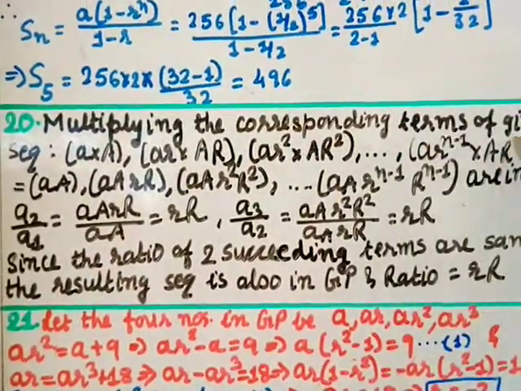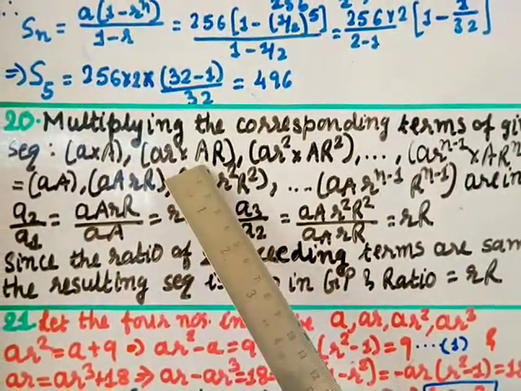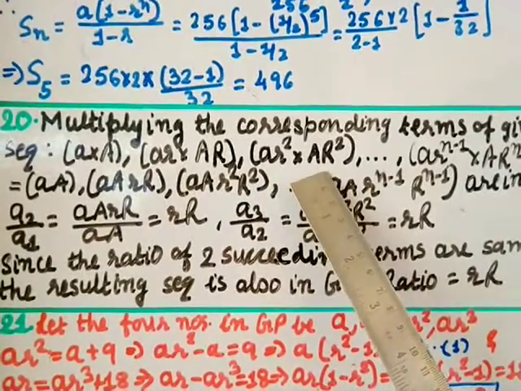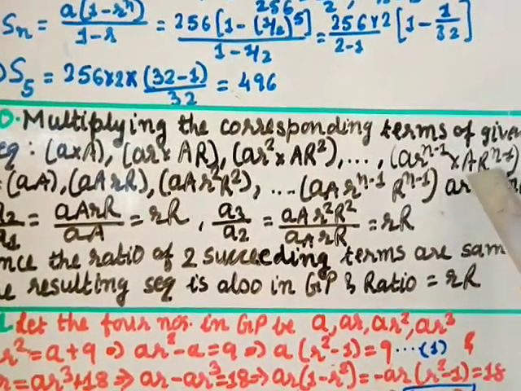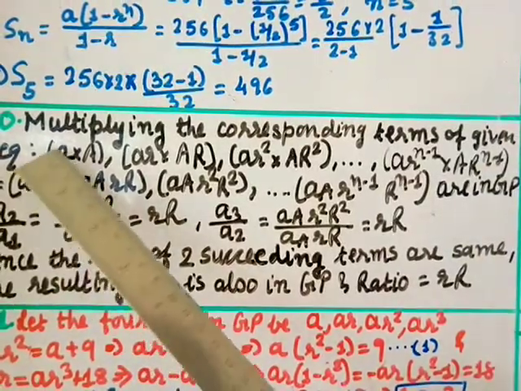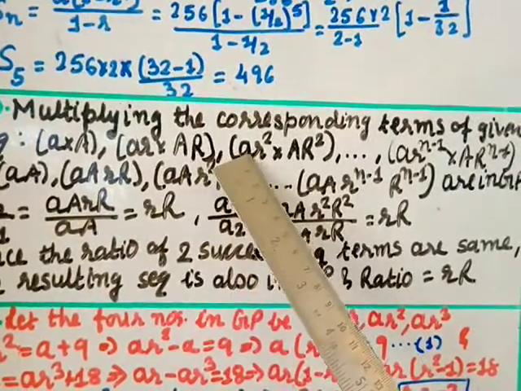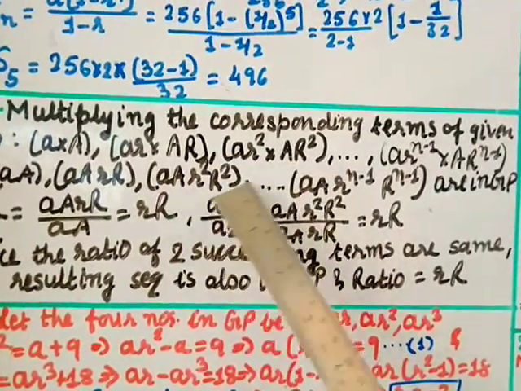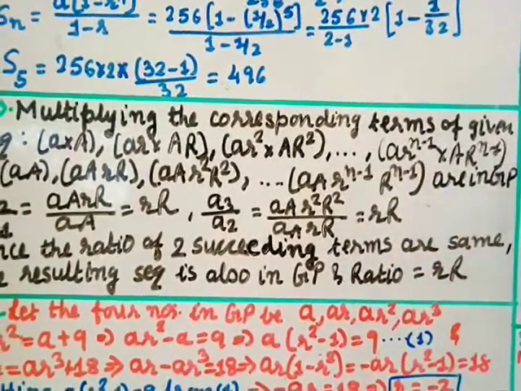Multiplying the corresponding terms of the given sequences, A into capital A, AR into capital A R, AR square into capital A R square up to AR power n minus 1 into capital A R power n minus 1. Okay, so here this is A capital A, then A capital A into r capital R, A capital A into r square R square up to A capital A into r power n minus 1 R power n minus 1, and this is in GP.